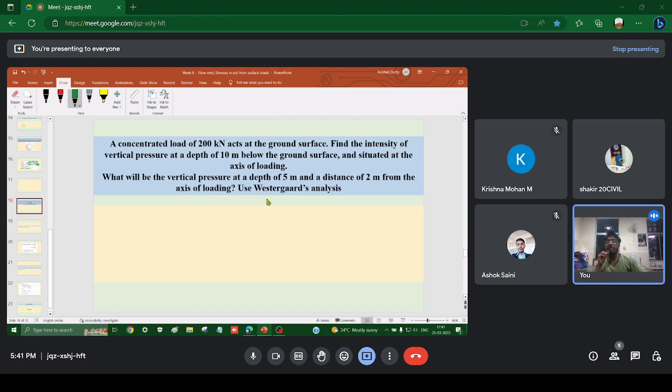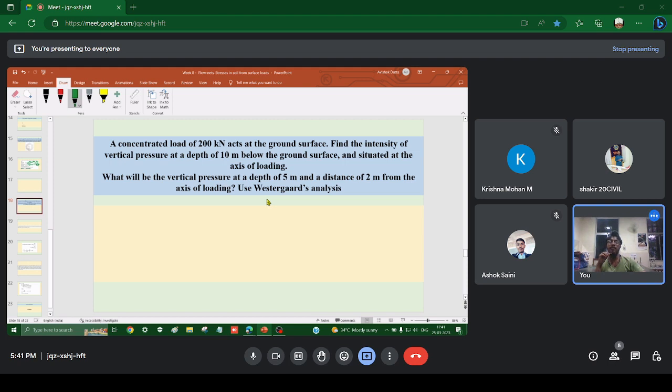A concentrated load of 200 kilonewton acts at the ground surface. Find the intensity of the vertical pressure at a depth of 10 meter below the ground surface and situated at the axis of loading. So when there is a concentrated load of 200 kilonewton on the ground surface, find the intensity of vertical pressure at a depth of 10 meter below the ground surface at the loading axis.